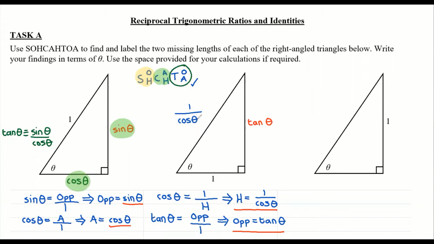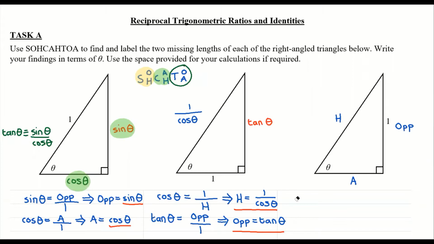And for the final right angle triangle, the 1 is now migrated to the opposite side. So if we just label this temporarily, the opposite, the adjacent, and the hypotenuse, I need to find the adjacent and the hypotenuse. Well, let's do the adjacent first. Once again, I know the opposite. I need the adjacent. So I'm going to have to use tan again.